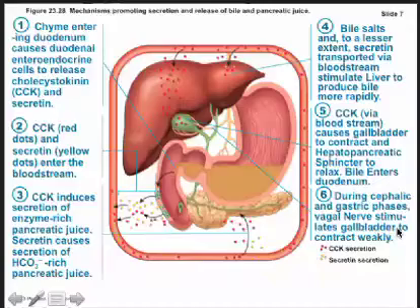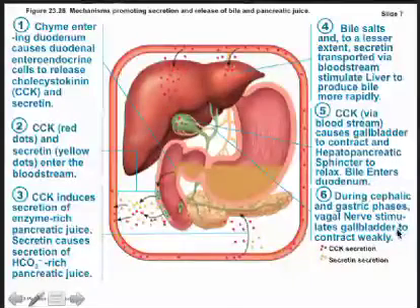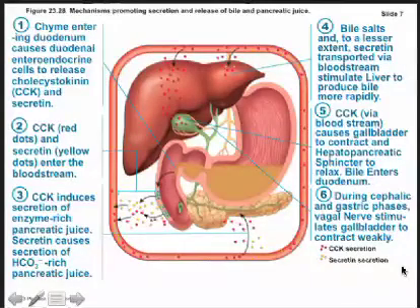During the cephalic and gastric phases, vagal nerve stimulation causes the gallbladder to contract weakly as well. The cephalic phase, remember, is where we acknowledge that there's food around, we anticipate a meal, and so secretions begin.